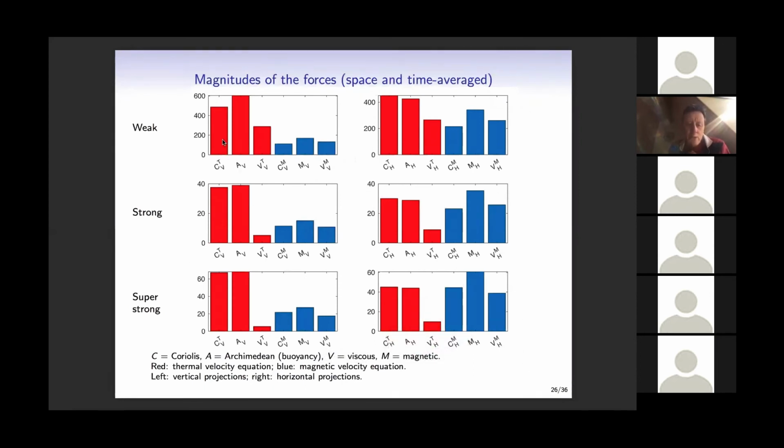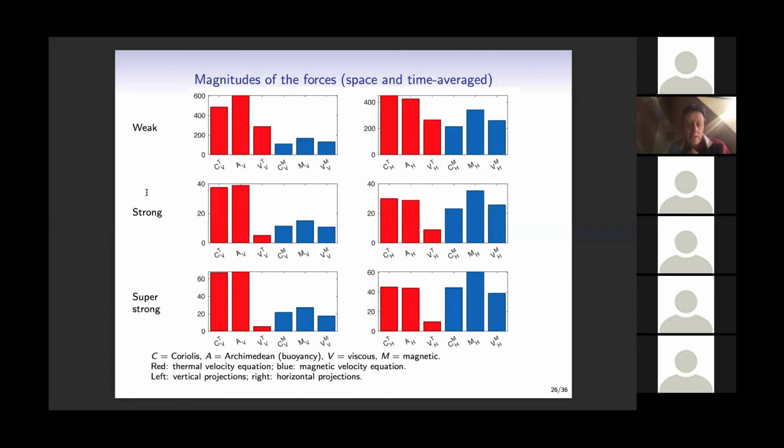The red equation is the thermal equation. The blue equation is the magnetic equation. The left-hand plots are vertical components. The right-hand plots are horizontal components. So let's look at the red first of all. The red equation is the thermal equation. It has 3 bits: Coriolis, buoyancy, this Archimedean, and viscosity.